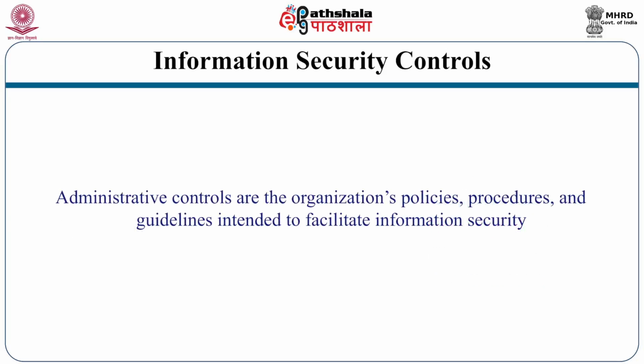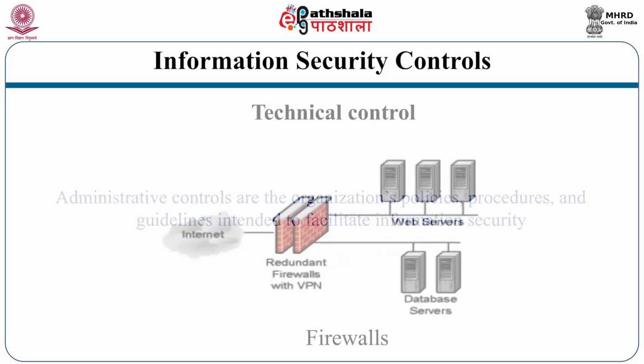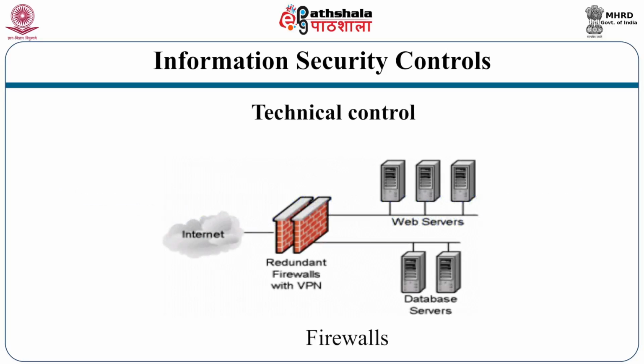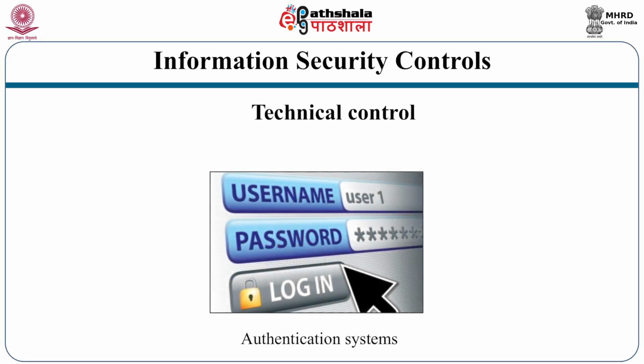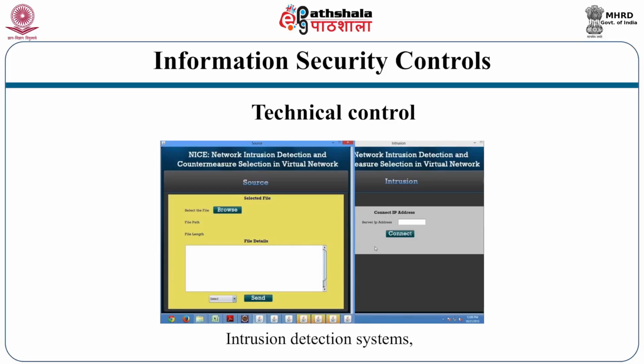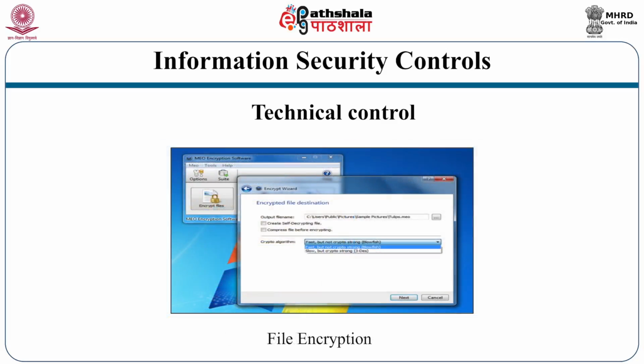Administrative controls are at the organization's process level, the policies, procedures, and guidelines to be followed by the employees of an organization. Technical control includes usage of software or technology like firewalls, authentication systems, intrusion systems, file encryption systems. All the technical elements form the technical control.